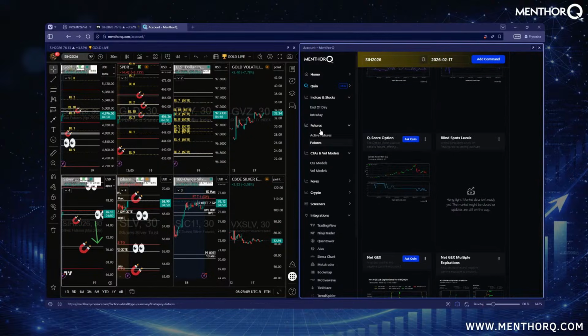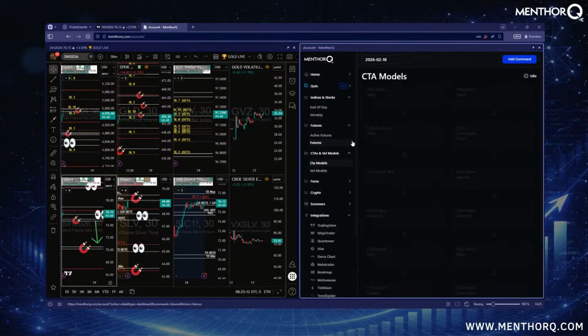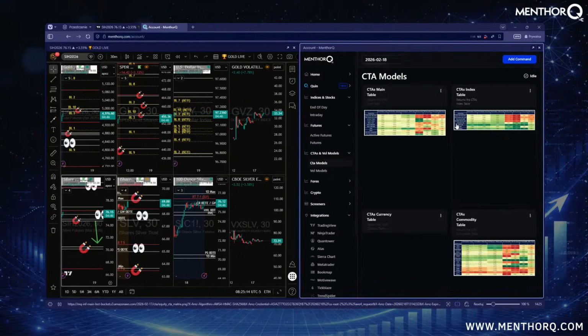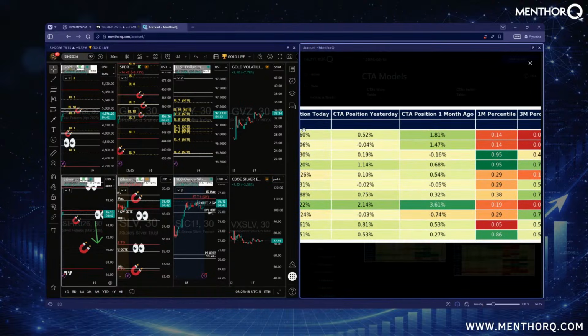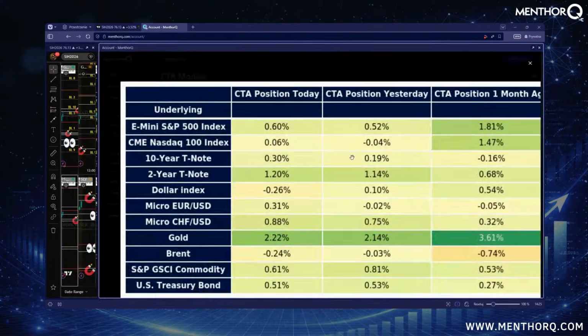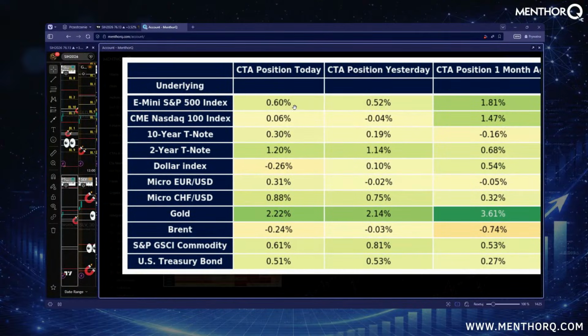So right now, also let's check what is going on with CTA models on SPX and NDX. MES, SPX, ES doesn't matter, trying to be long. Nasdaq also right now from negative regime, they are trying to build a long position.